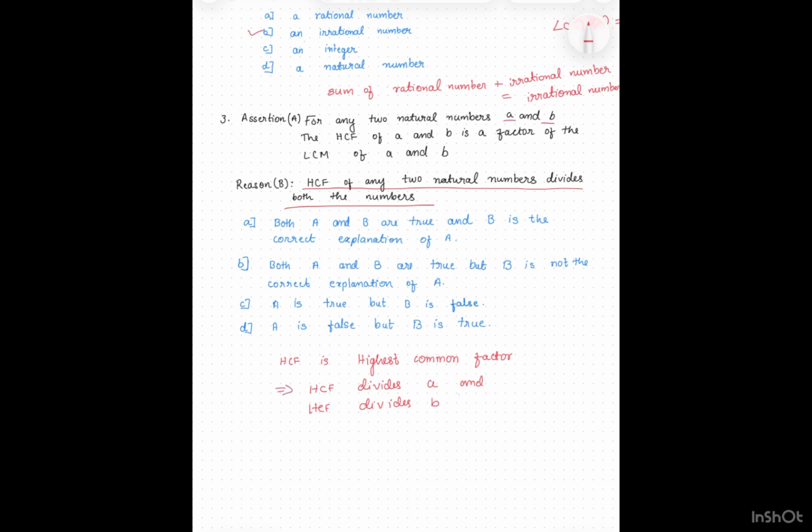So that implies HCF divides a and HCF divides b. So the reason is correct, and using this we can prove the assertion: for any two natural numbers a and b, the HCF of a and b is a factor of the LCM of a and b.